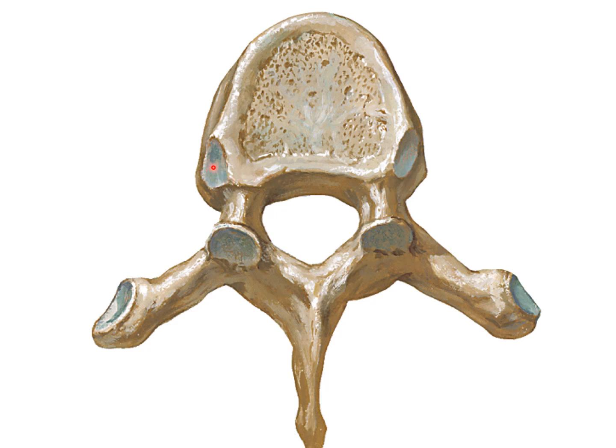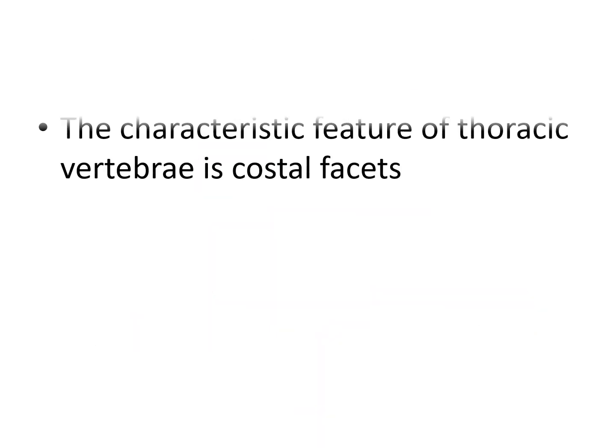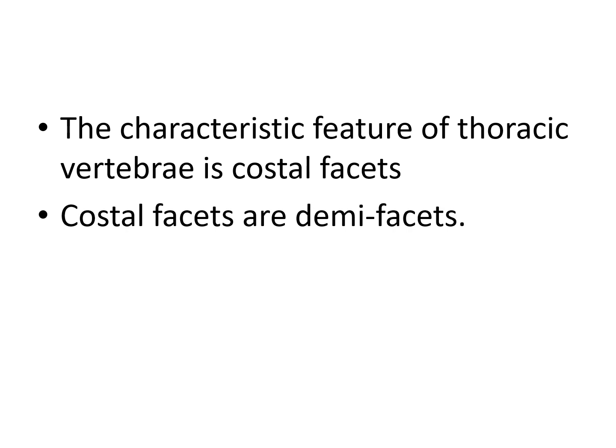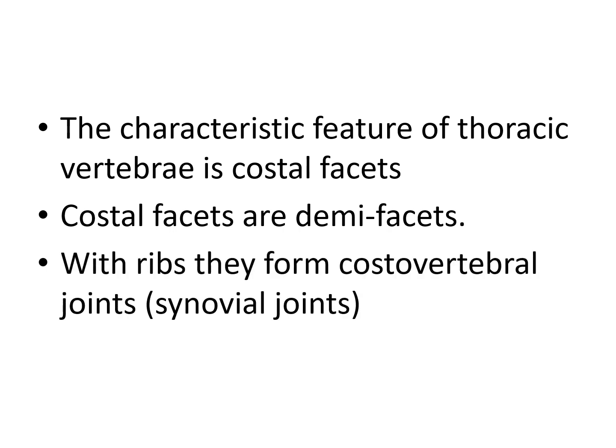This is the costal facet on the body, and this is the costal facet on the transverse process, which attaches to the tubercle of the rib. The characteristic feature of a thoracic vertebra is the costal facet. As we mentioned, costal facets are demifacets. Demifacets means half facets, because each rib attaches to half of a vertebra.